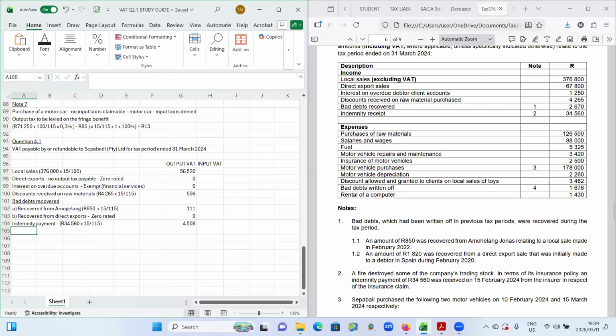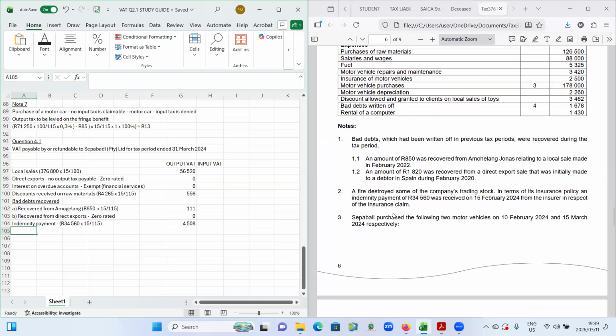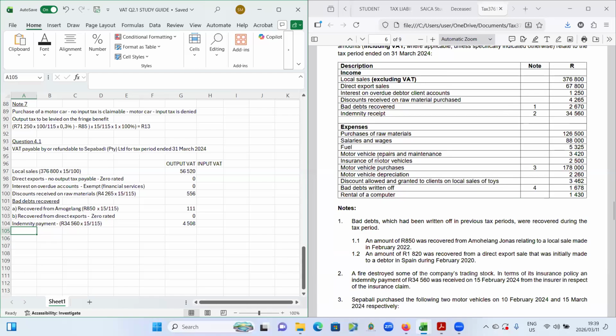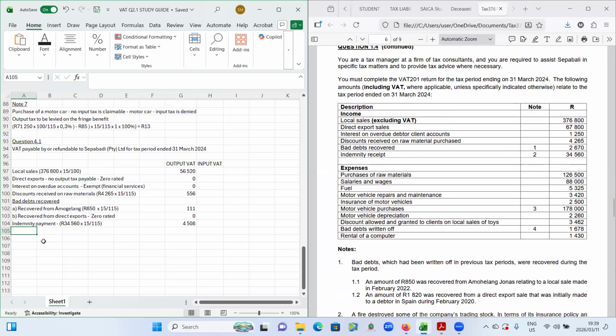Then what next? We are done with the top part. Then we go on to expenses.